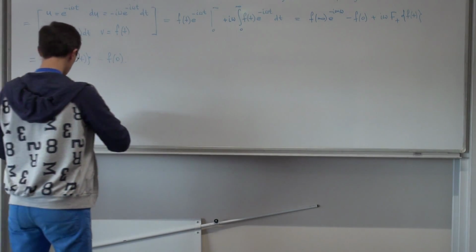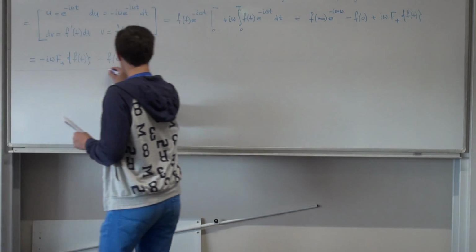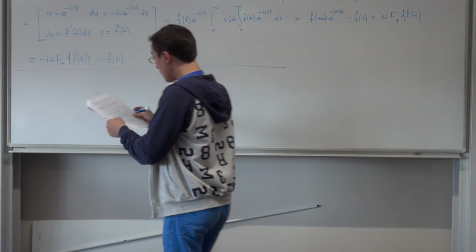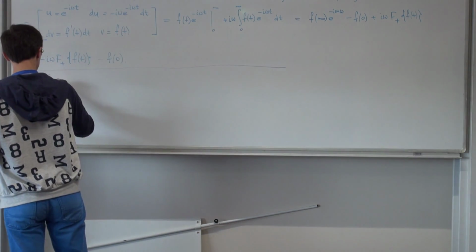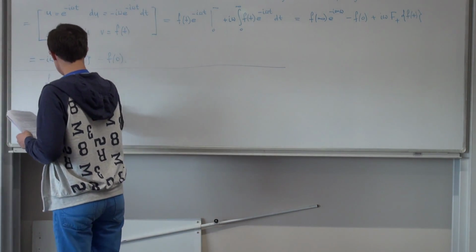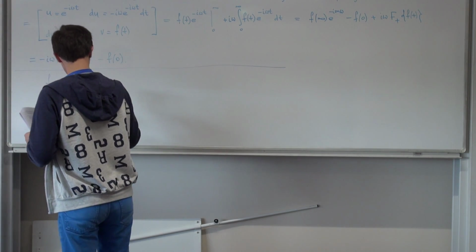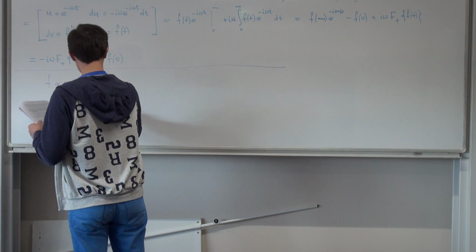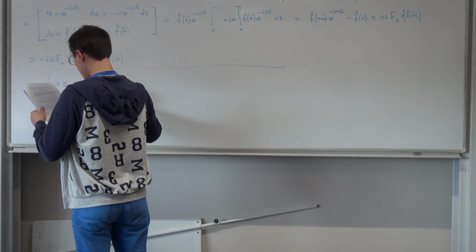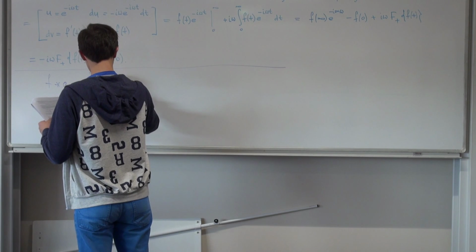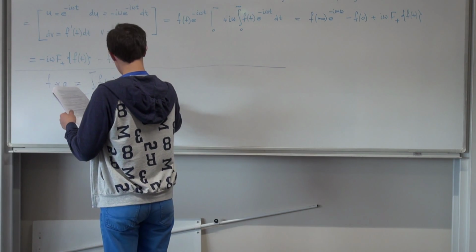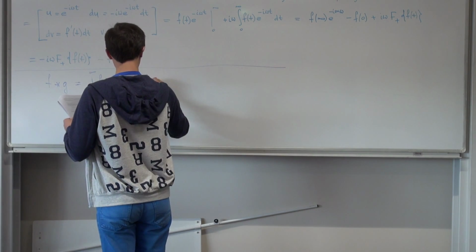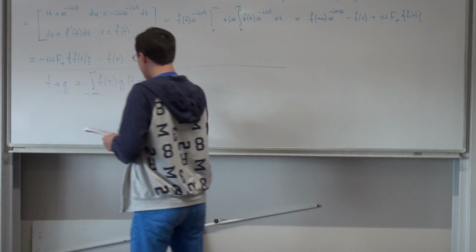So if you look at what convolution is and how it is defined, f convolution g is defined as the following integral. Integral from minus infinity to infinity of f of tau g of t minus tau d tau.